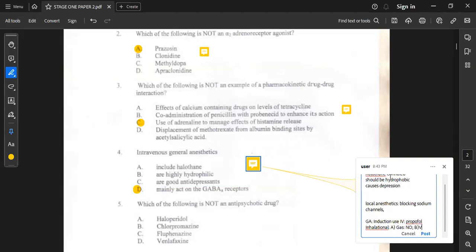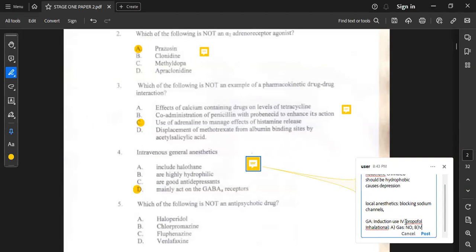I think we can also add, in the IV, we have the fast-acting and the slow-acting drugs. The fast-acting, you have propofol, and the slow-acting drugs, you have benzodiazepines, dissociative anesthesia, and opioid analgesics like fentanyl.